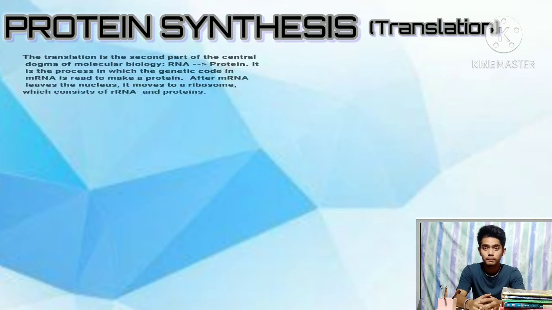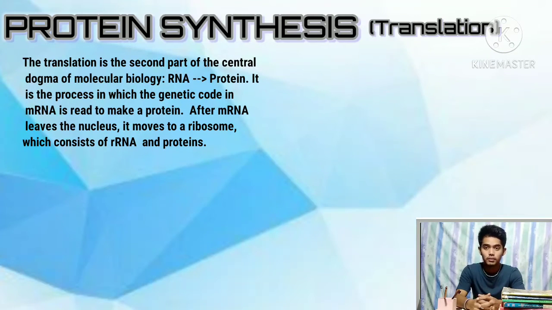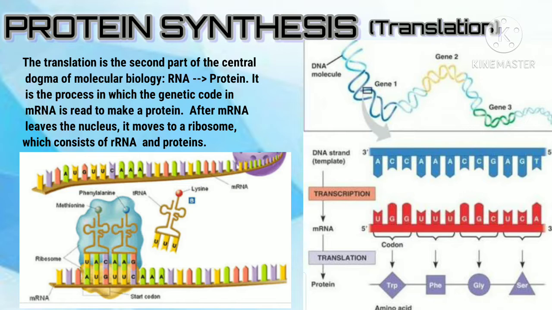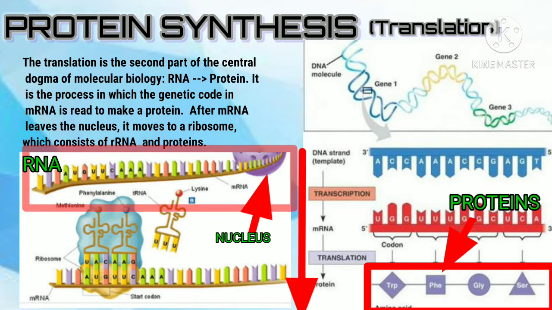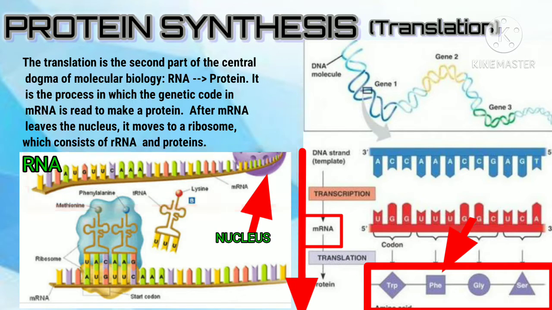Translation is the second part of the central dogma of molecular biology, from RNA to protein. It is the process in which the genetic code in mRNA is read to make a protein. Remember that mRNA comes from transcription in the nucleus.